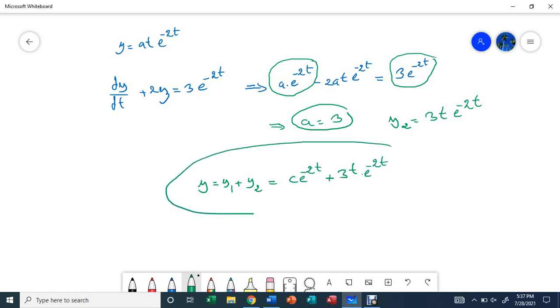So this is my general solution to that equation.